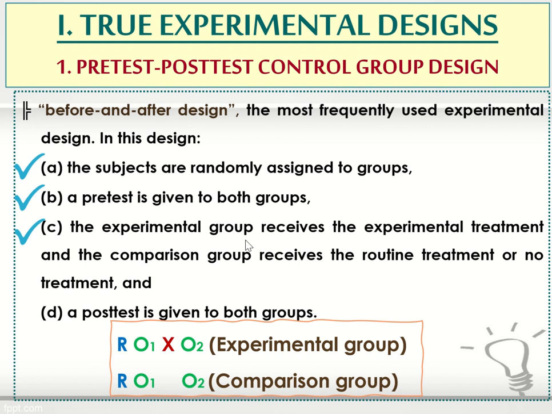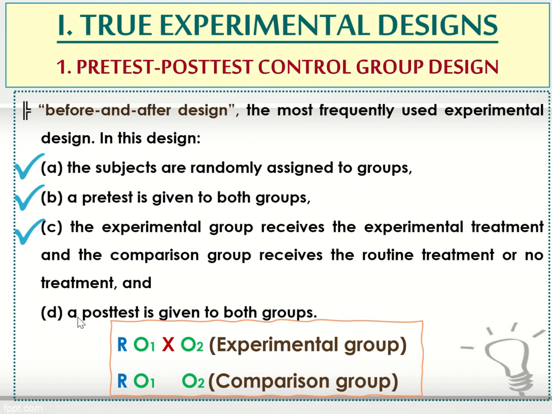And then, the experimental group receives the experimental treatment and the comparison group receives the routine treatment or no treatment as indicated by X dito. For the experimental group, nagbigay tayo ng experimental treatment. While dito sa comparison group, wala tayong treatment na binigay.